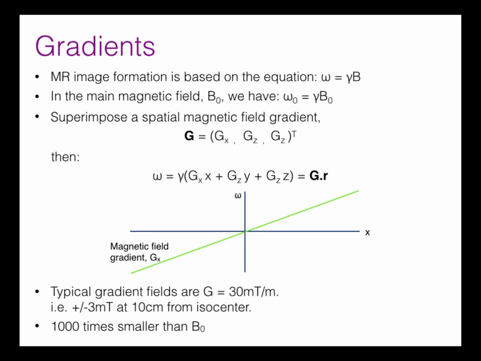That means an additional magnetic field which varies in space. The field we add is still along the z direction, but it's stronger on, say, the right than on the left, or at the front of the magnet than at the back, or the top and the bottom.